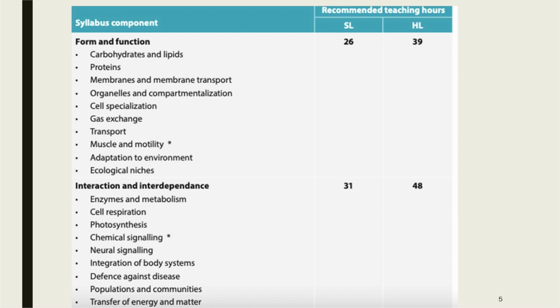And theme C, we have enzymes and metabolism, cell respiration, photosynthesis, chemical signaling, neural signaling, integration of body systems, defense against disease, populations and communities, transfer of energy and matter, which is 31 hours for SL learners and 48 hours for the HL learners.